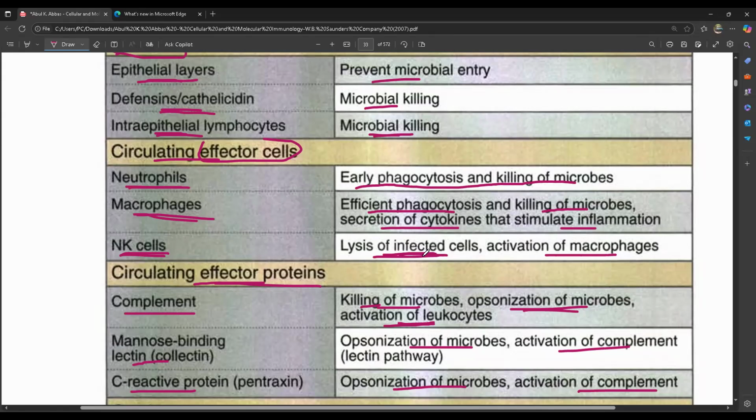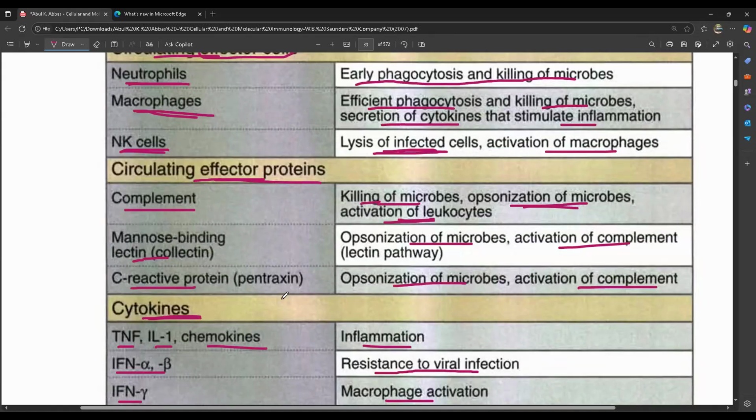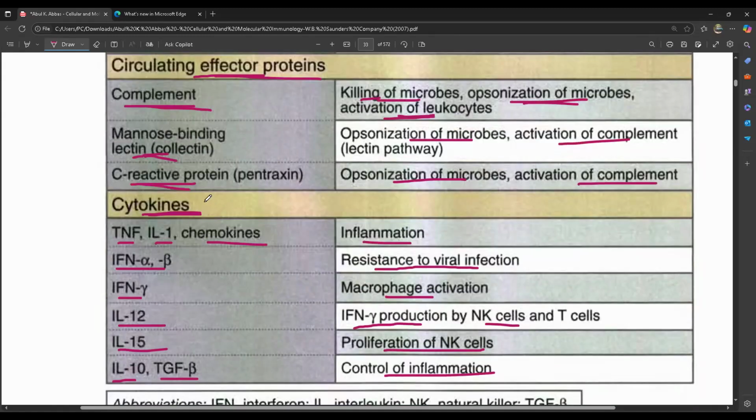Natural killer cells result in the lysis of infected cells and activation of macrophages. Circulating effector proteins, that is complement, mannose binding lectin and C-reactive protein, help in complement activation, opsonization and killing of microbes. Cytokines, for example tumor necrosis factor, interleukin-1 and chemokines, help in inflammation.